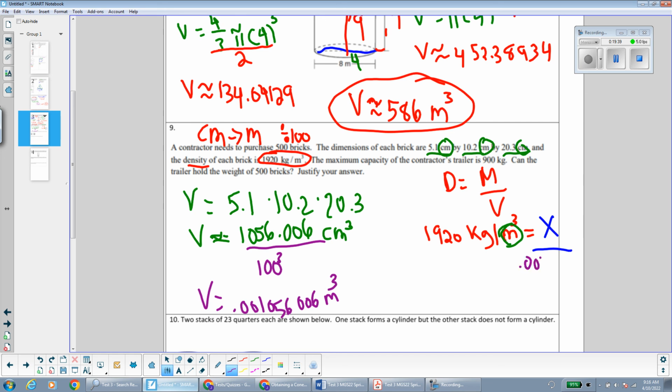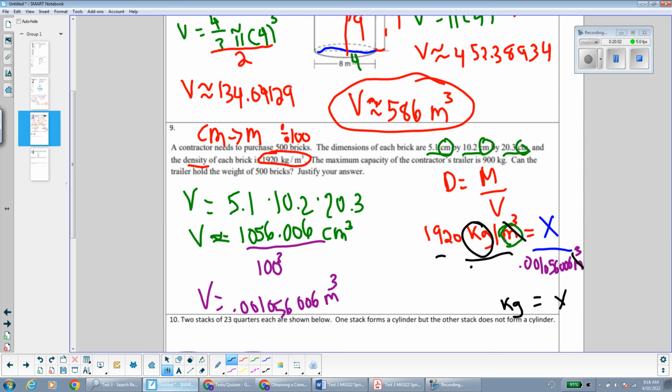I have to write that whole thing down again. Okay. Now, since we have meters cubed in the numerator and in the denominator, that unit cancels out, and we're left over with kilograms, which makes sense because that's our mass unit and we're finding the mass.